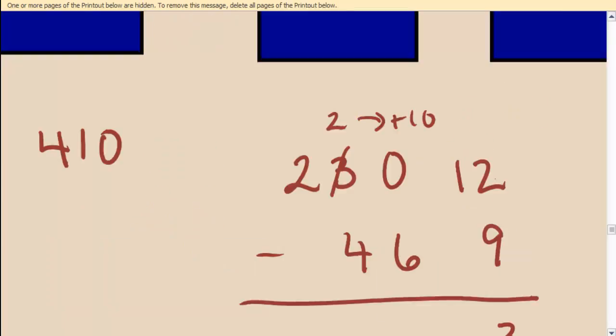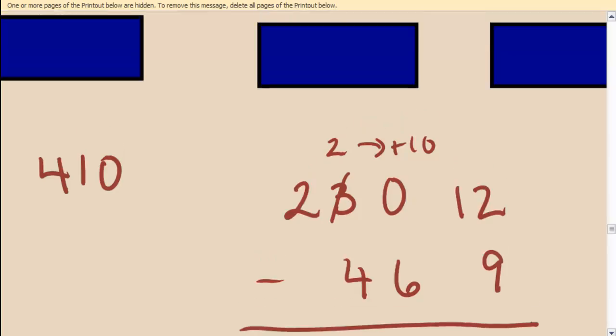You end up with 12 minus 9, which is great, but this 0 here that you ended up with is not big enough to subtract 6 from. So we're going to have to borrow 1 from the hundreds place. So we're going to add 10 to that 0 and subtract 1 from the 3 in the hundreds place to make it 2.